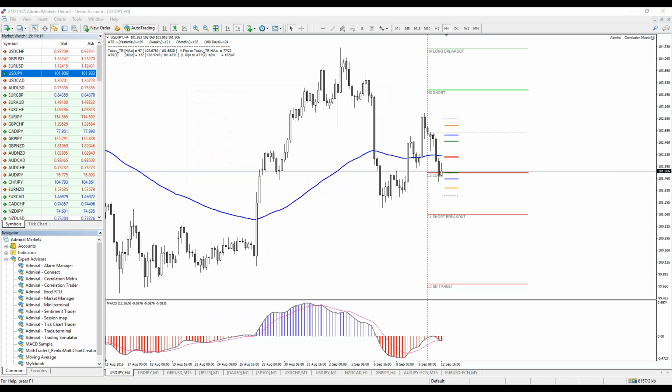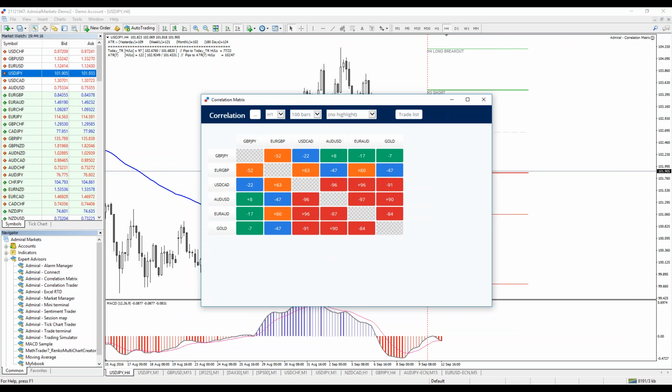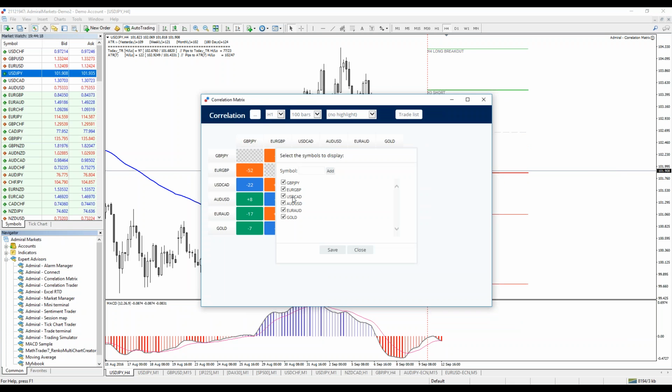Let's check it. Let's see how yen pairs are actually doing. So AUD yen, euro yen, and dollar yen.